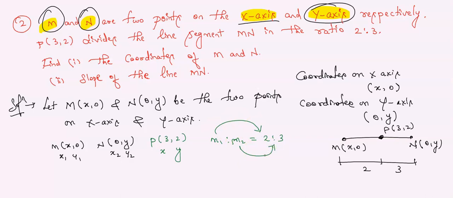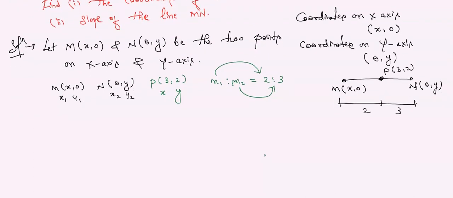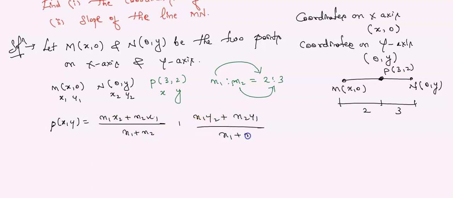Now we have to use the section formula. Substitute in the section formula and find the coordinates of M and N. That is very simple. We know that the section formula is P(x, y) equals ((m1 x2 plus m2 x1) by (m1 plus m2), (m1 y2 plus m2 y1) by (m1 plus m2)).